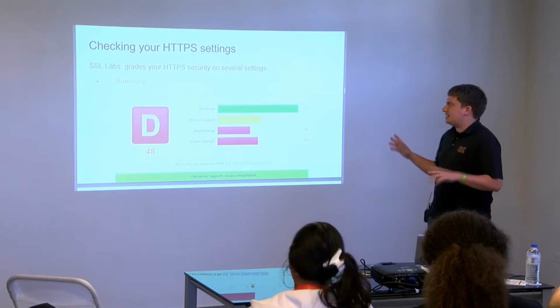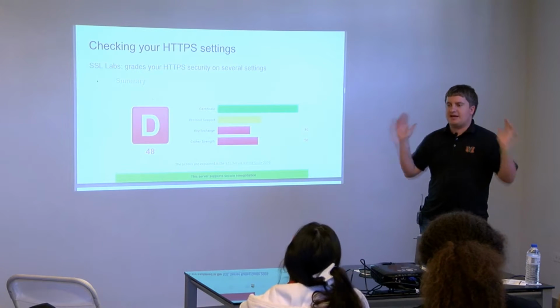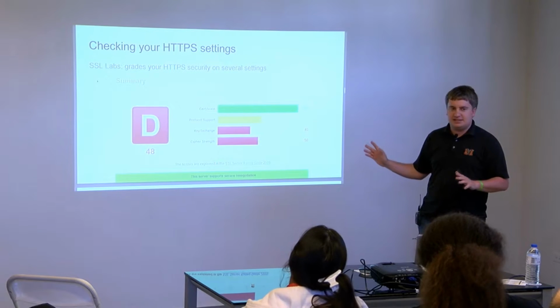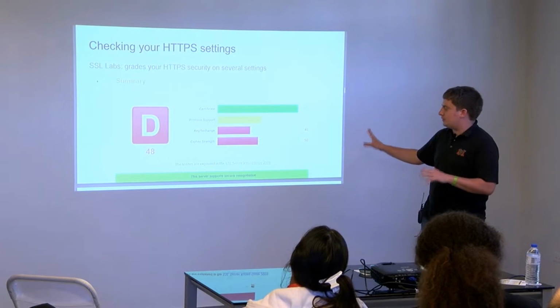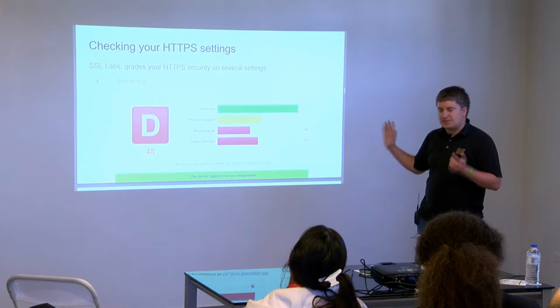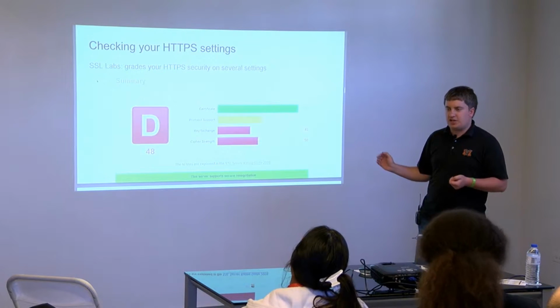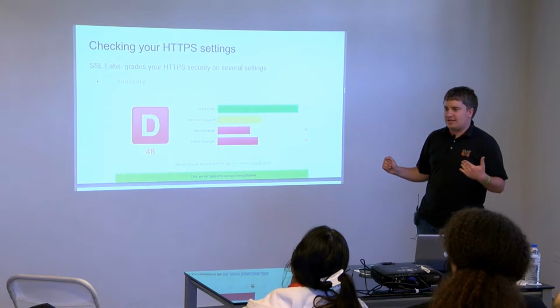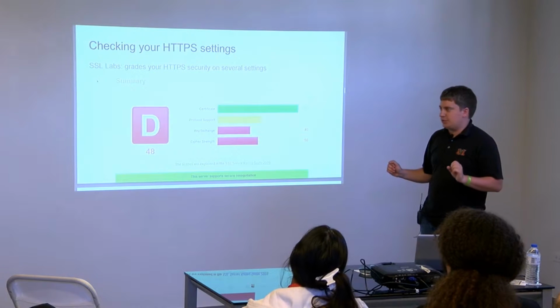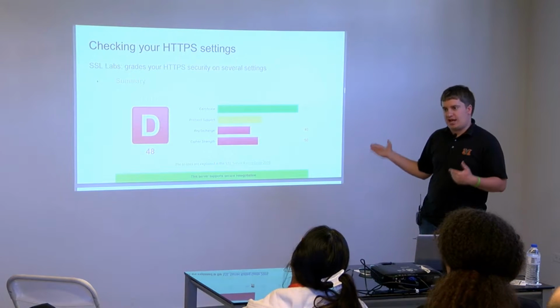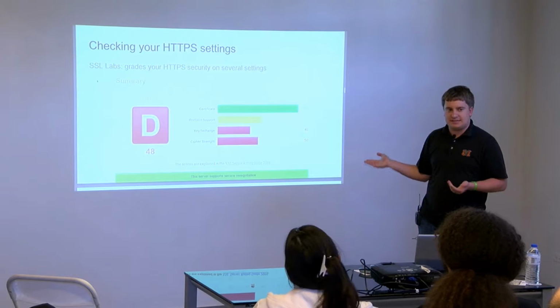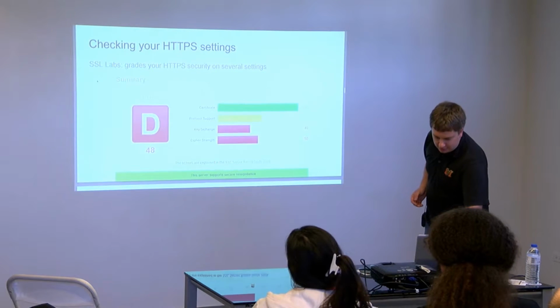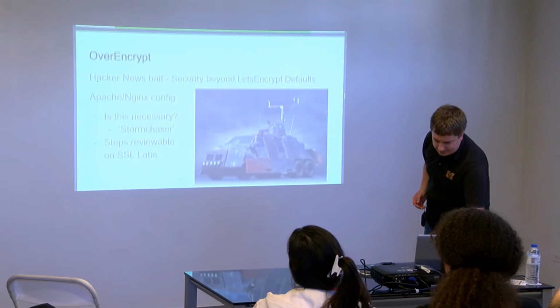So this site is a really good way of saying, look, I don't have time to check dozens of things. Does my site look good? This site would look really bad. But if you use LetsEncrypt, the modern version, it'll give you an A right away. So I feel like that's in a good place. But you can always go back and check in case something new happens, some new kind of vulnerability. So I recommend that site.